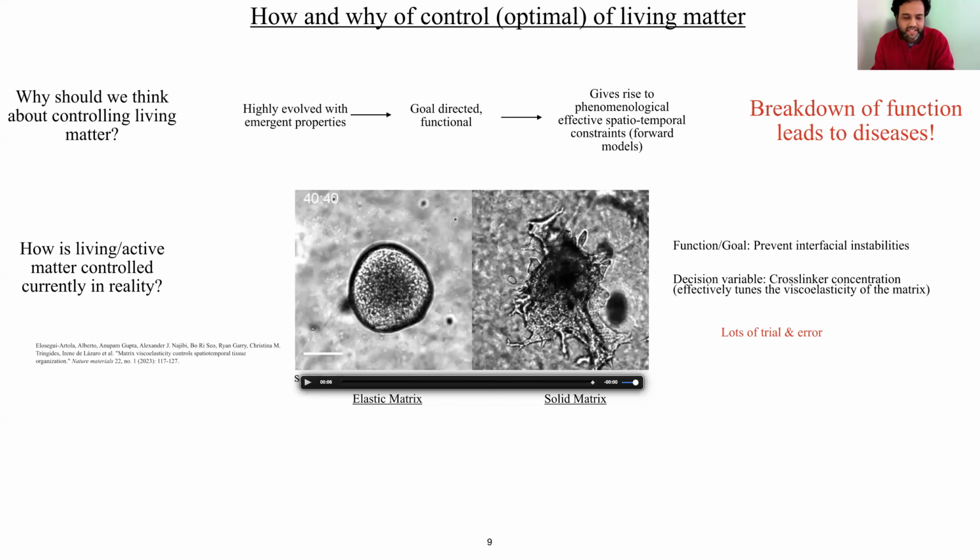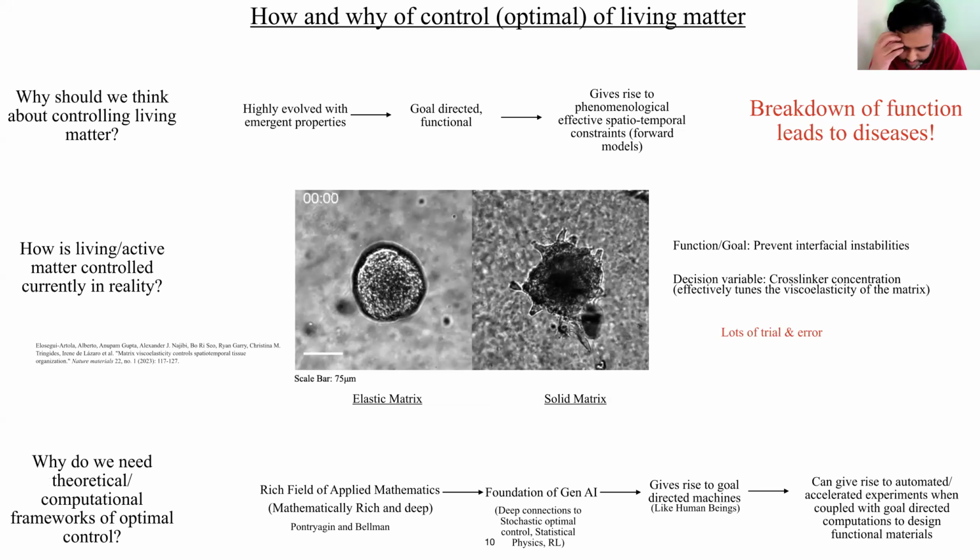Now, can we do something about it, even though this is goal directed? Can we make a machine which is much more precise than the human being and can work in these high dimensional cases, so that these experiments can be done much faster and quicker? This is where you should think about these theories that I'm going to talk about: theoretical and computational frameworks of optimal control.